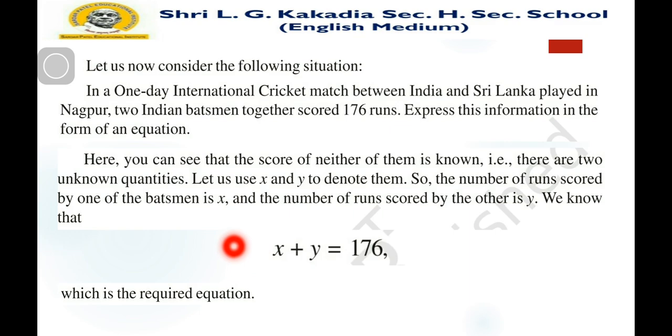We don't know the values of x and y, so they are known as variables. So this equation is known as a linear equation in two variables. It is the required equation, and it is an algebraic representation of the given problem.